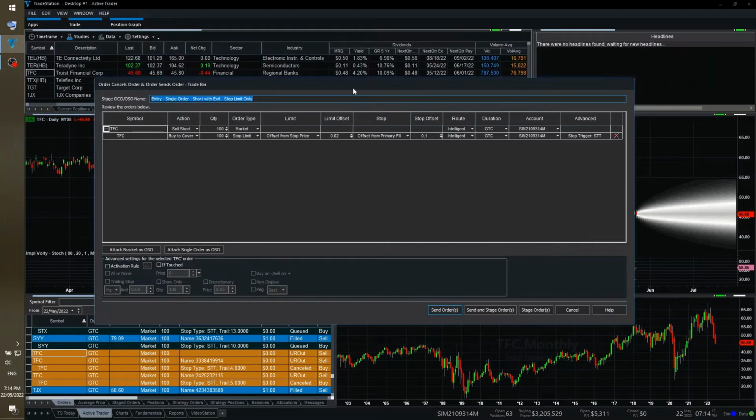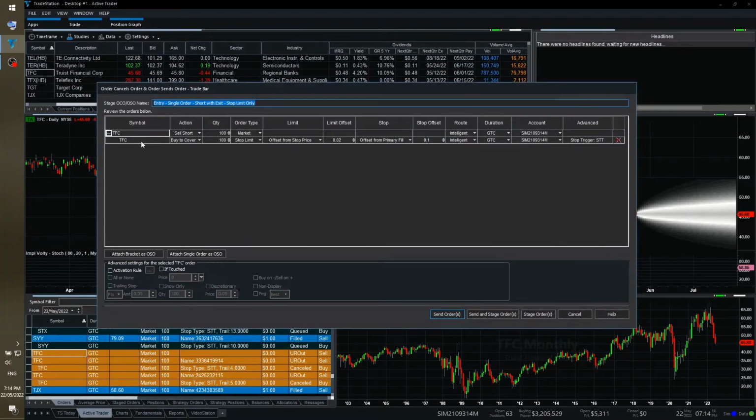And we bring out a dialog with 2 rows. The first row is the sell short order at the market price, and the second row is the buy to cover order. In order to use the trailing stop, we can see the trailing stop checkbox here, but it's disabled.